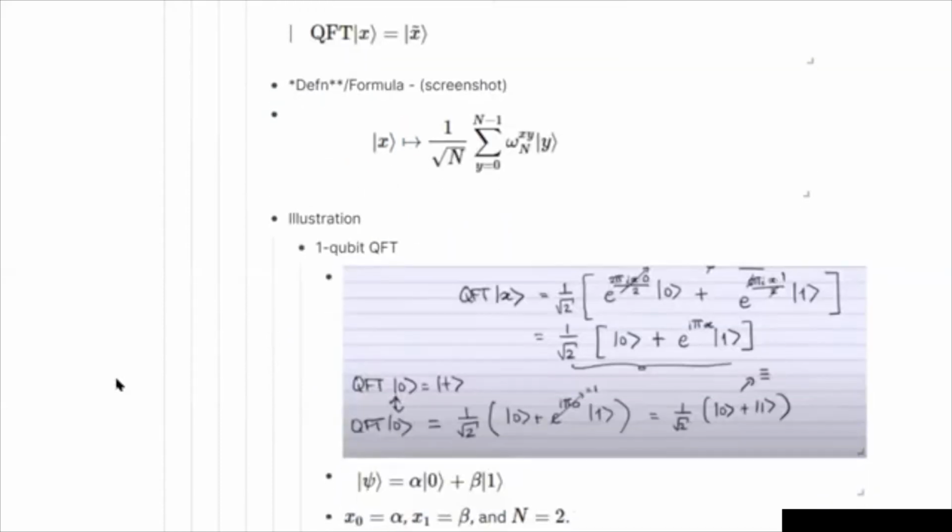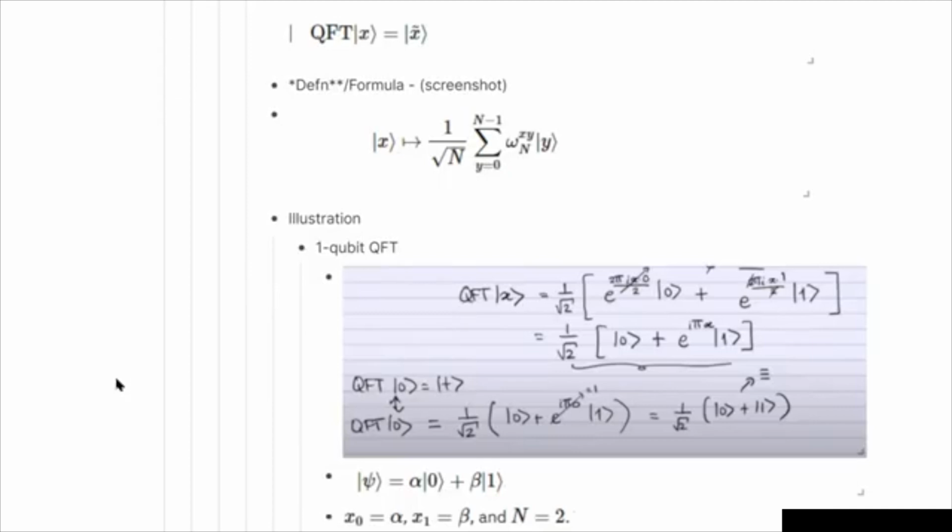So let's take an example of a generic one qubit QFT. Here capital N is, as I told, 2 power n, which is the total number of states possible with one qubit. So for one qubit, capital N would be 2.